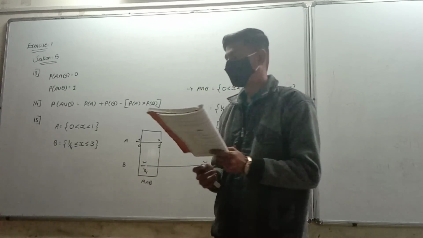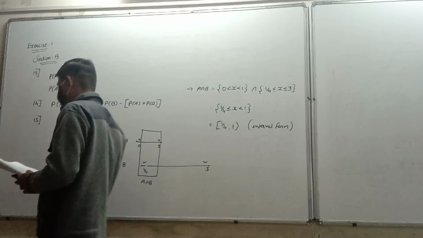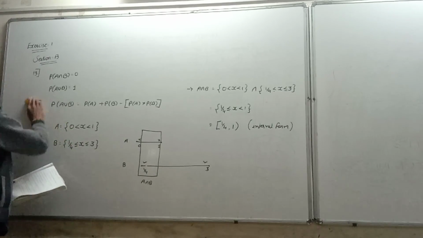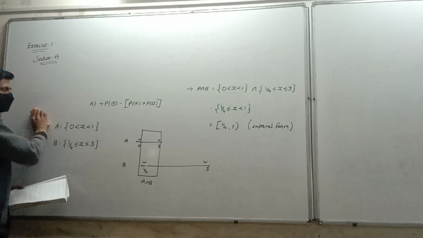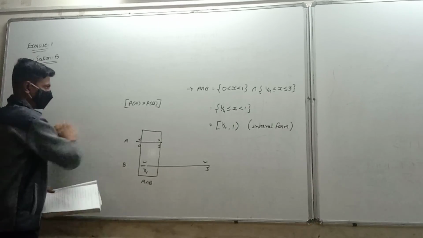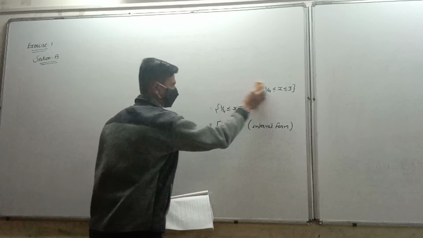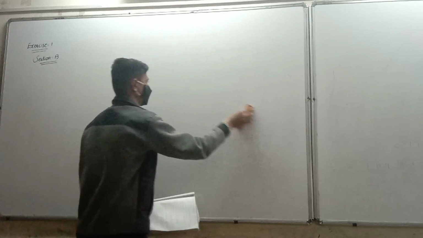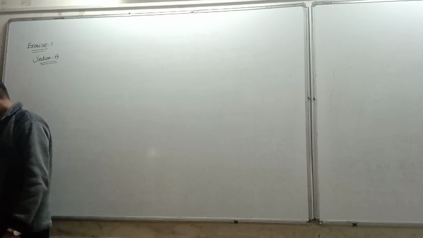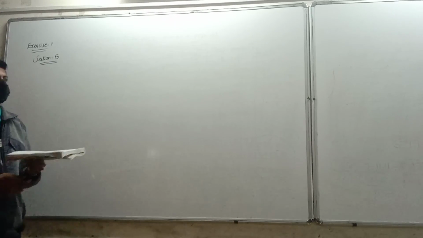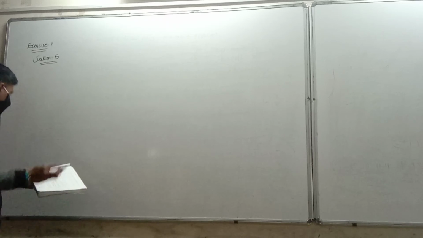Then find the P of A dash intersection B dash. Okay, how will you find the answer for A dash intersection B dash?